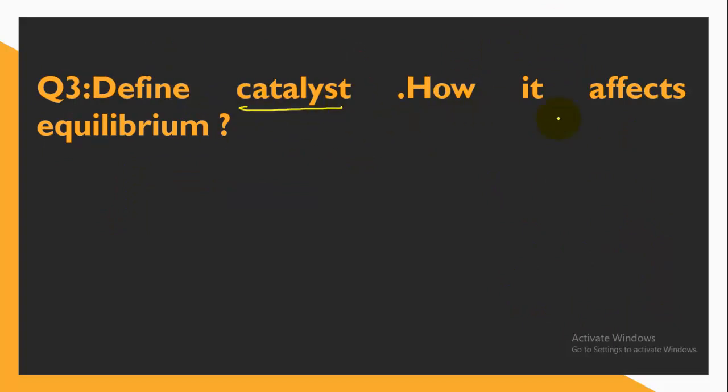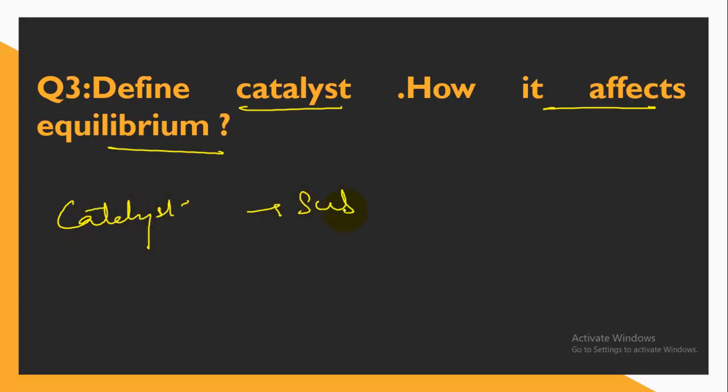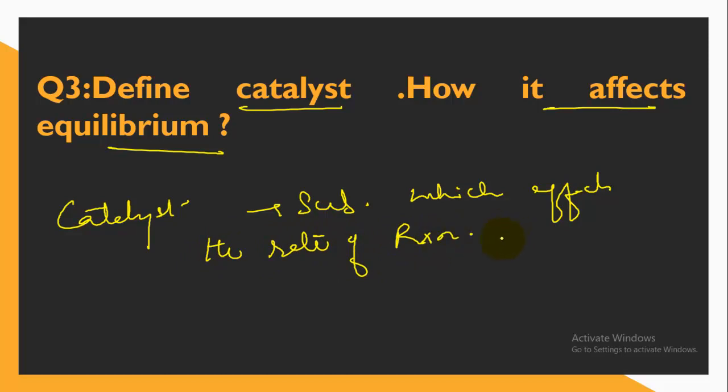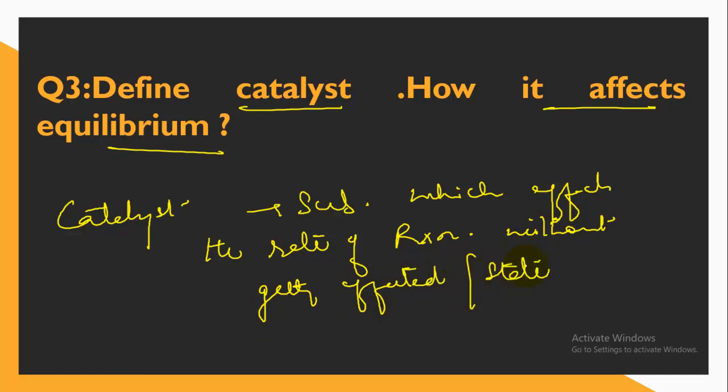Define catalyst and how it affects the equilibrium. So what is a catalyst? A catalyst is a substance which affects the rate of reaction without getting affected. Without getting affected means that the state, the quantity of the catalyst, etc. won't change.